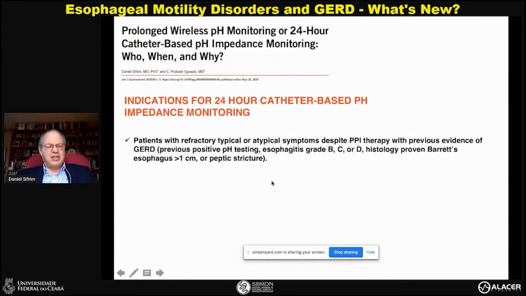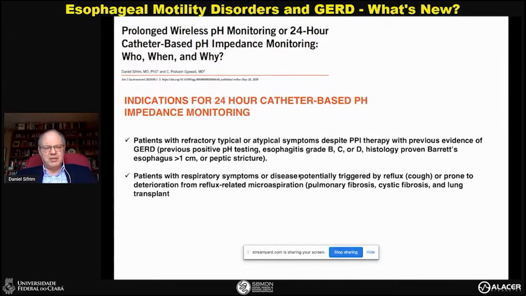The first, as I said, is in patients with refractory typical or atypical symptoms despite PPI therapy, where there wasn't evidence of reflux disease before, and now we want to know why the patient is not responding to PPIs. So, refractory patients not responding to PPIs with previously documented reflux disease should be studied on PPIs with the impedance pH method.